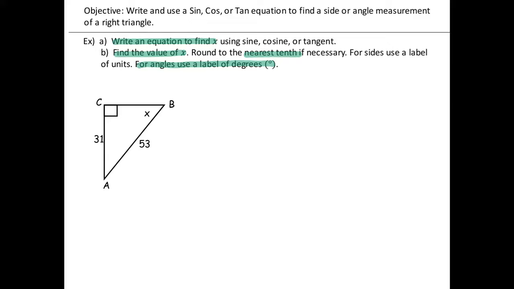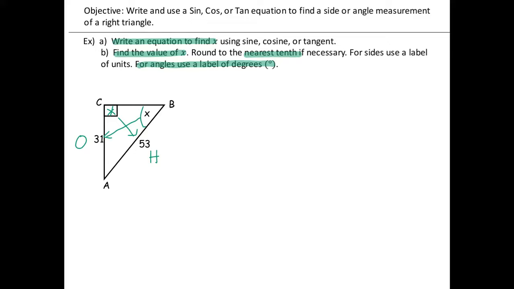So just like we did yesterday, the first thing you want to do is label the O, the A, and the H. So looking at the angle right here, across the angle, 31 is going to be the opposite side. Across the 90, 53 is going to be which side? O, A, or H?